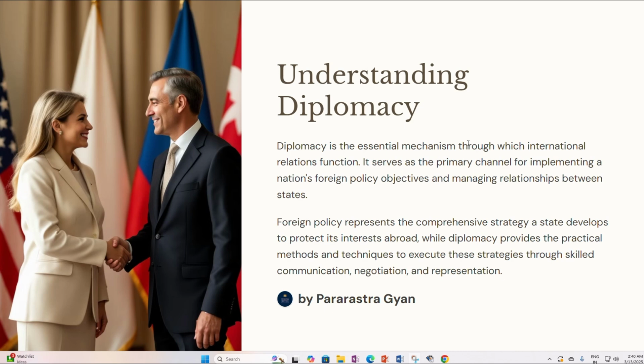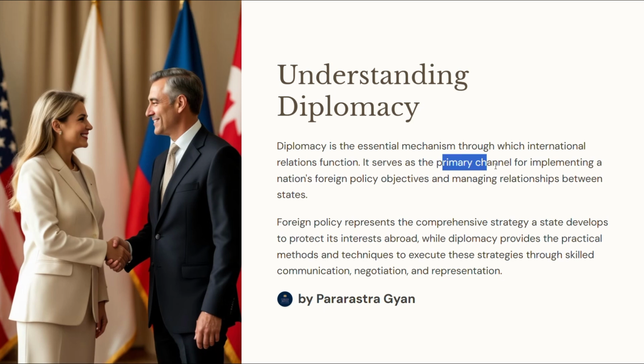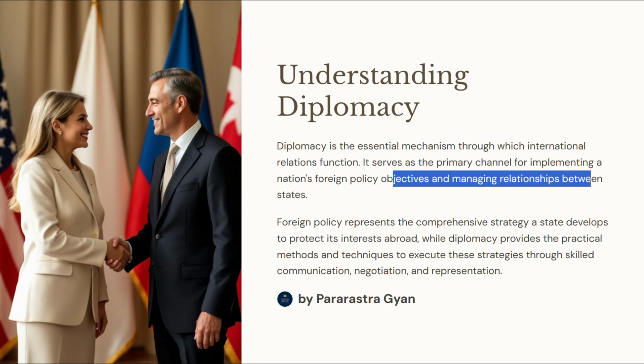Foreign policy comes into action only through diplomacy, which means it is an essential mechanism through which international relations function. It serves as the primary channel for implementing a nation's foreign policy objectives and managing relationships between states.